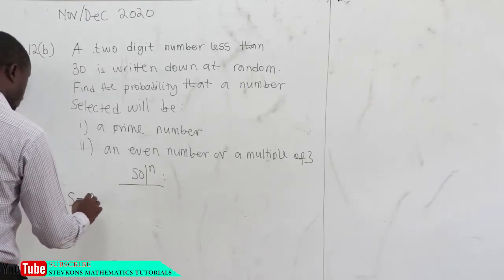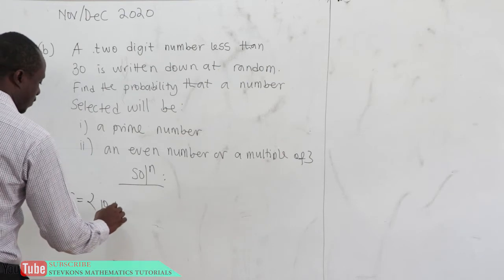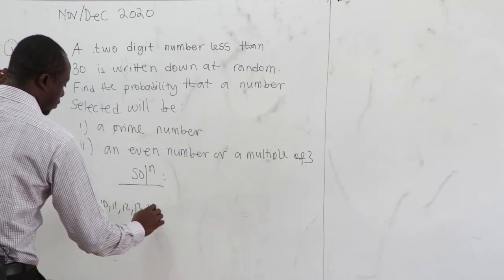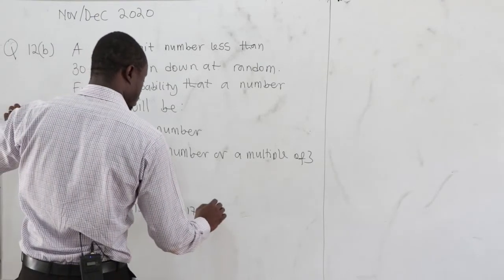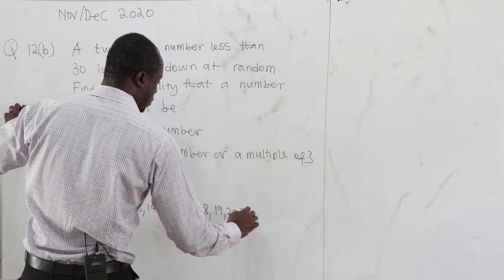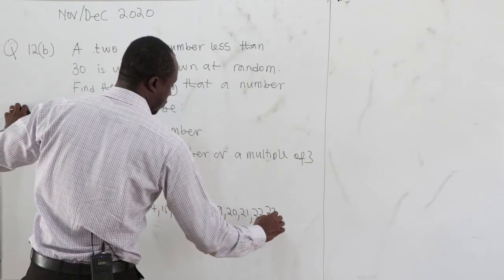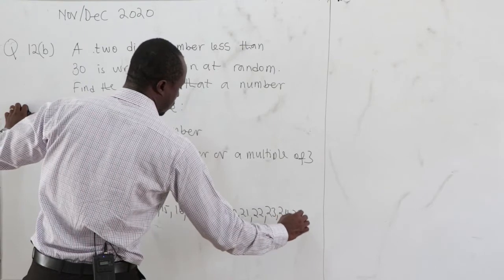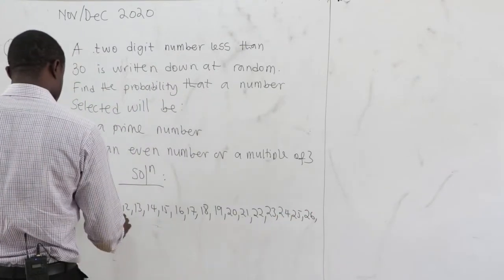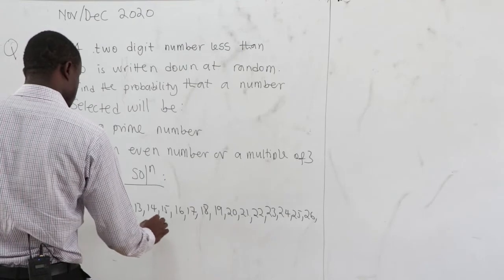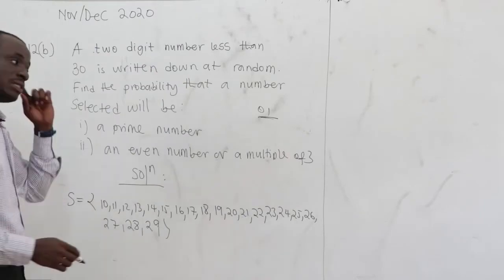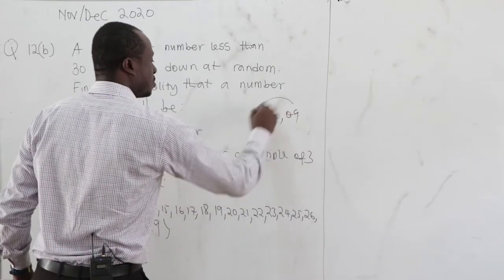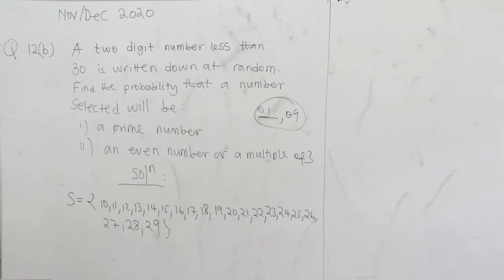So our sample space, two-digit numbers: 10, 11, 12, 13, 14, 15, 16, 17, 18, 19, 20, 21, 22, 23, 24, 25, 26, 27, 28, 29. Now, 01 is not a two-digit number, that's just a single digit number. 09 is not. So 10 is a two-digit number. So this is our sample space.